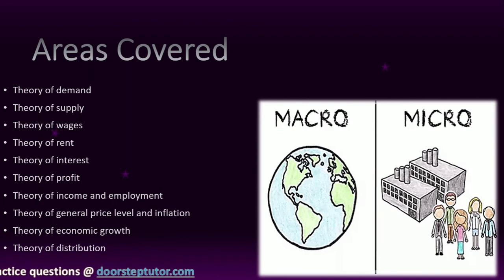So, it can be said that business economics is a special discipline of economics that can be applied in business decision making of organizations. Also, business economics plays a very important role in decision making of any organization. So, that is it.